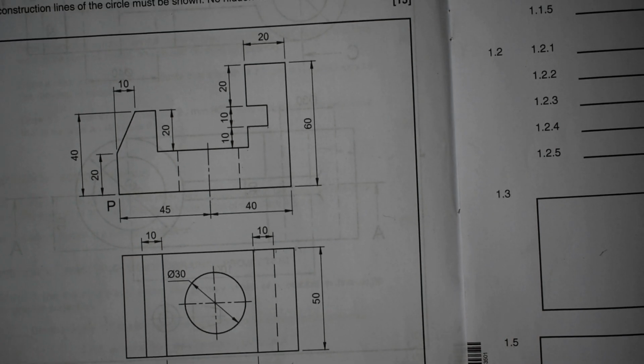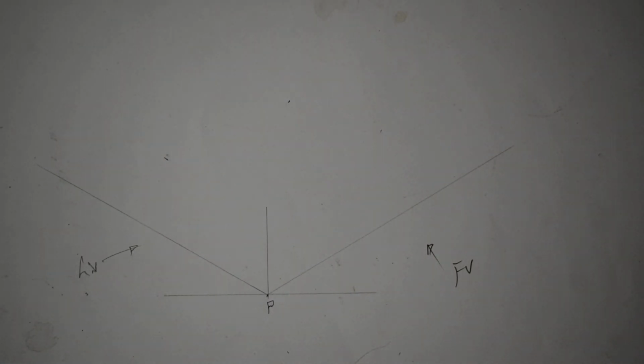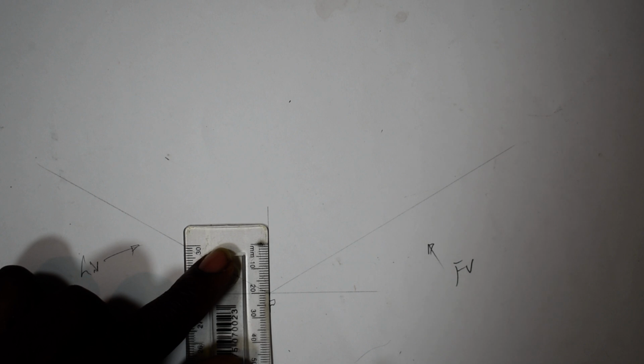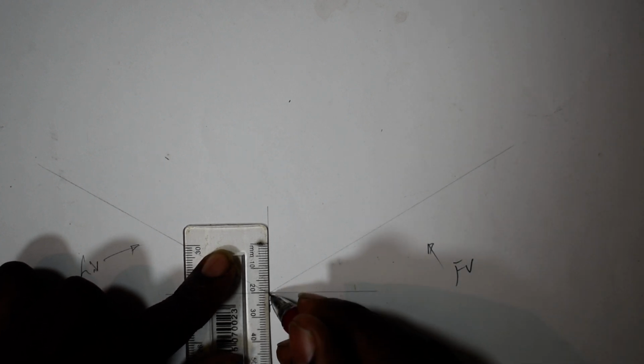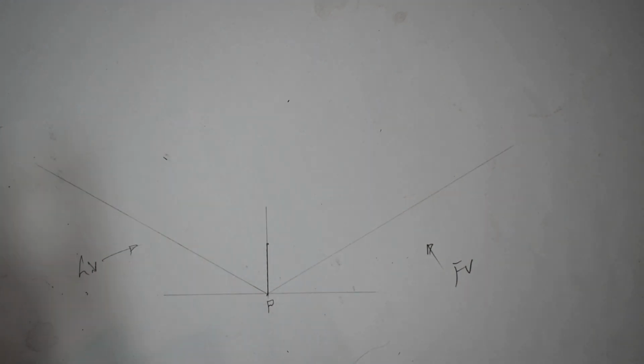Right from point P, I can record this dimension of 20. From here till here, I say 20 millimeter. I record 20. You understand?